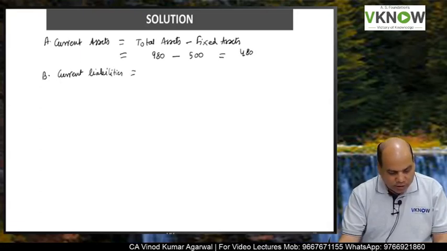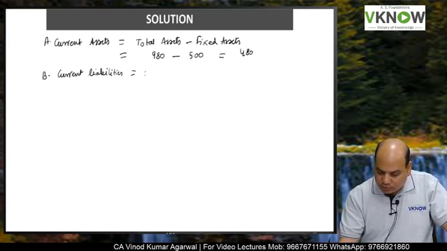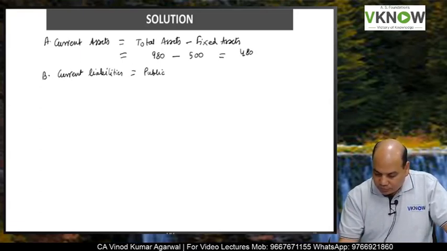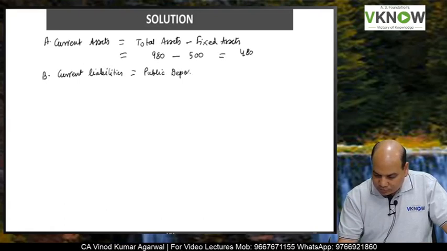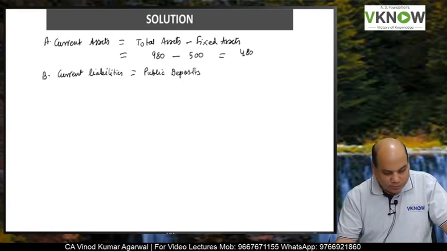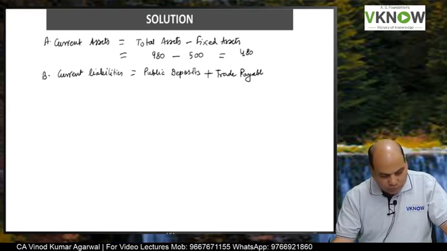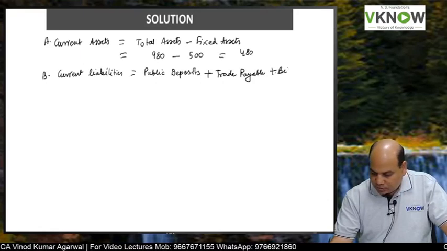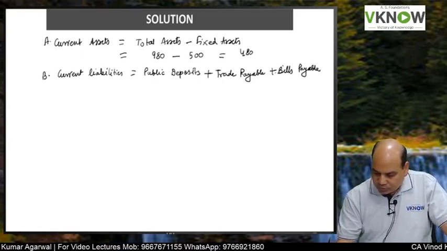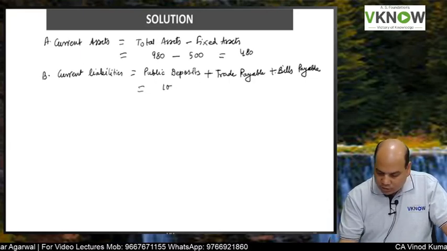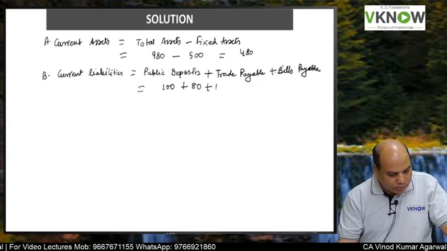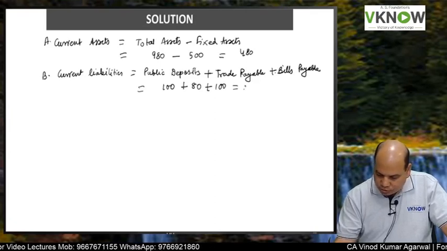Here I will add the 3 items which are current liabilities: public deposit short term, plus trade payable, plus bills payable. So tell me how much is that? 100 plus 80 plus 100, 280.